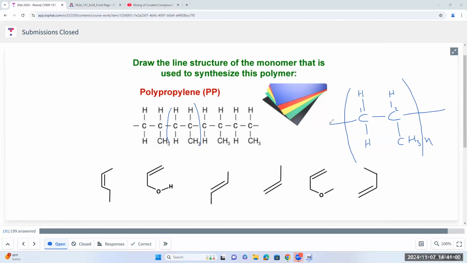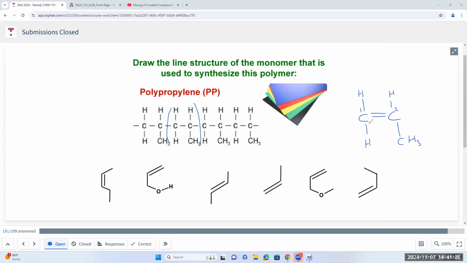But the question is not about the polymer structural formula. It's about the monomer. So when you draw the monomer, get rid of your bonds coming out. Just introduce a bond between the two carbon atoms in the chain. That's it, done. But they're asking for the line structure.